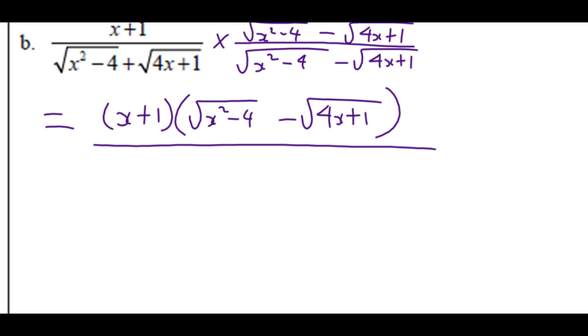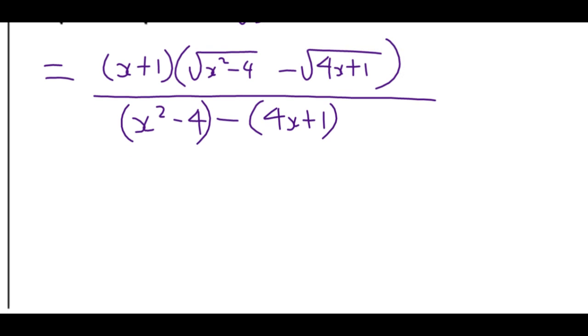Root x squared minus 4 times root x squared minus 4 is x squared minus 4. Minus one of these and plus the same one, that's the idea in rationalizing, they're going to cancel. And then we get minus, so we better throw brackets there, minus what? Let's throw brackets around this too. Minus, so what's root 4x plus 1 times root 4x plus 1? 4x plus 1. So I'm going to bracket this and bracket this, then we'll pull the brackets off and collect the terms and see where we're at.